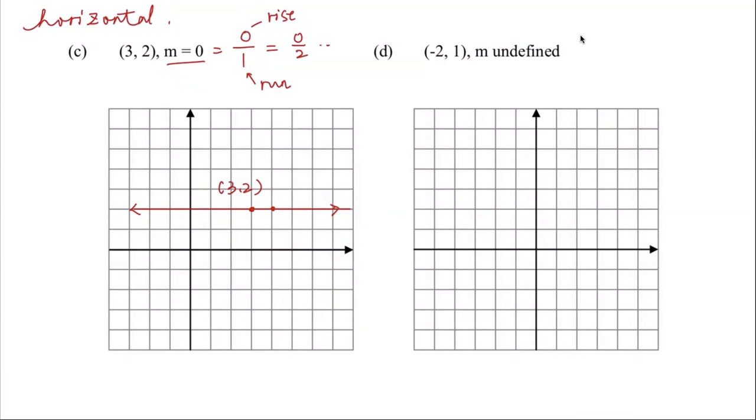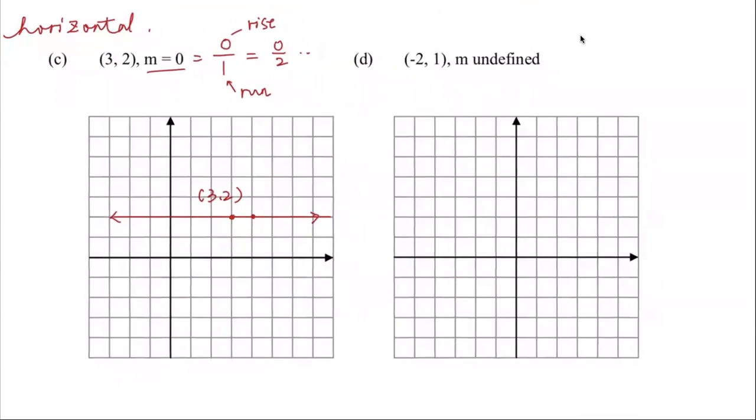Let me show you this. So if I write the slope as, for example, 0 over 5, let's see if this different representation of slope gives us the same straight line. Okay, so again, we start from this point, right? And this is the new rise, and this is the new run, right?